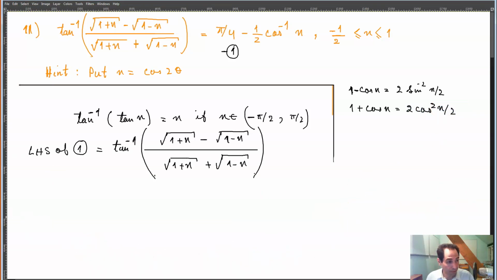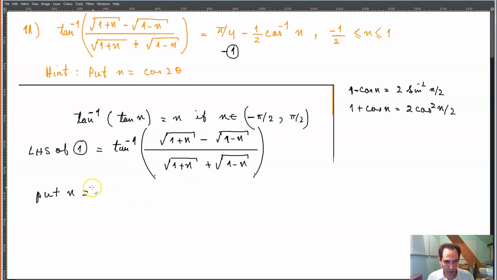Now, having that in mind, you can see 1 minus cos x and 1 plus cos x, so I can put x equal to, for example, cos of y.